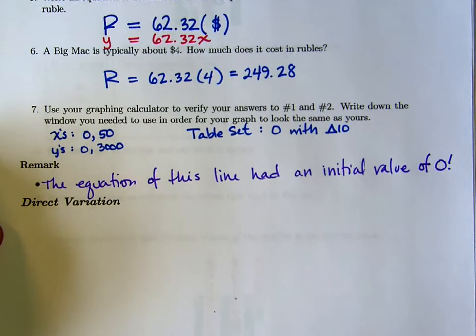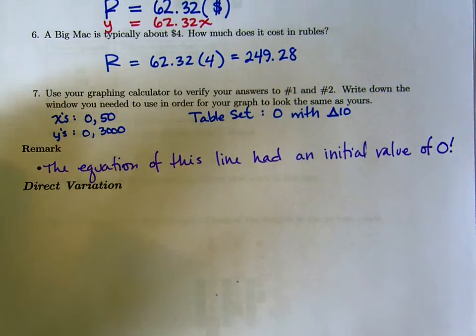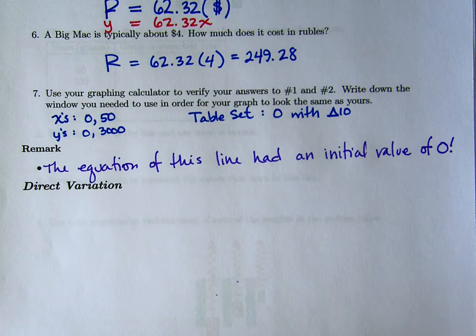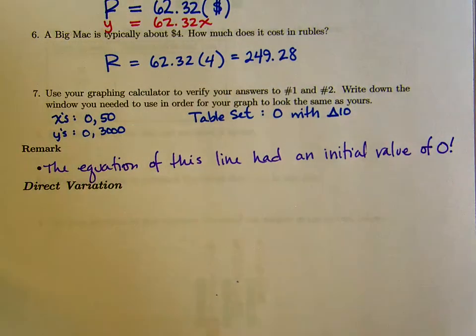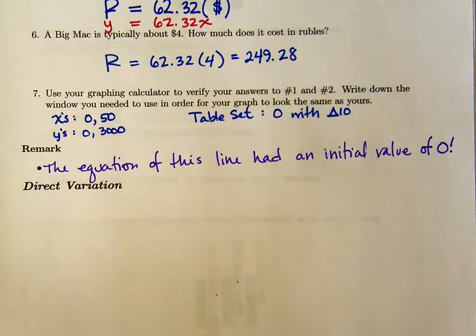And that is how we figure out if something has a direct variation, if we want to look at it by sight. But there's more here that I would like to write down. So when it comes to direct variation, this is what we have going on.